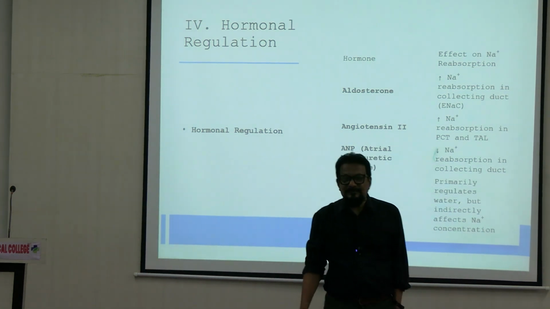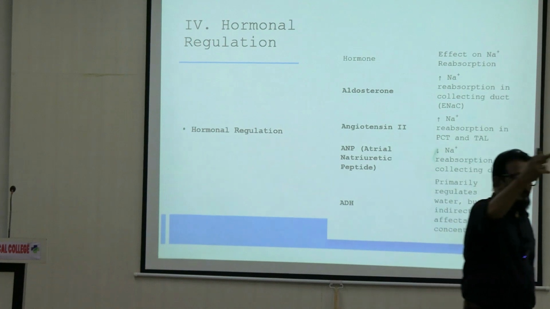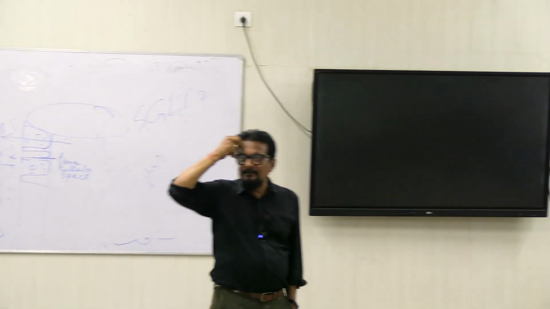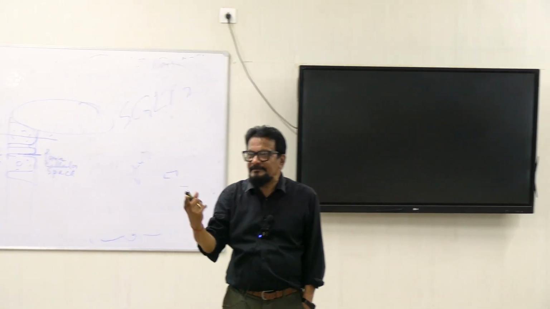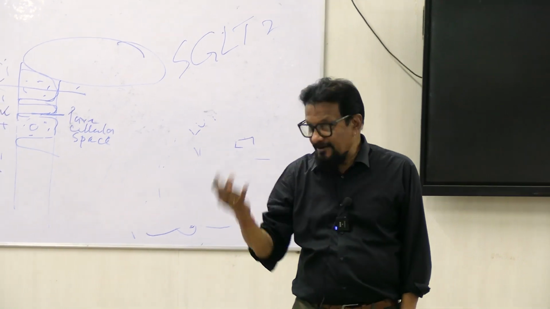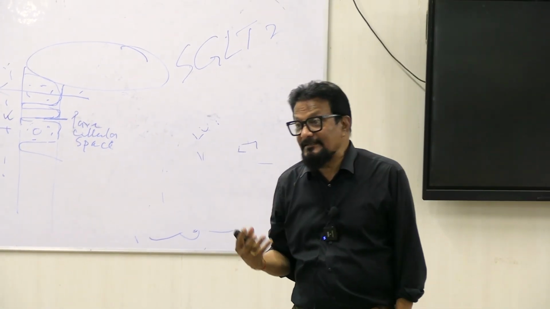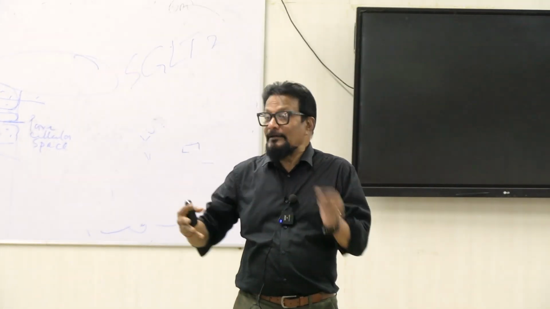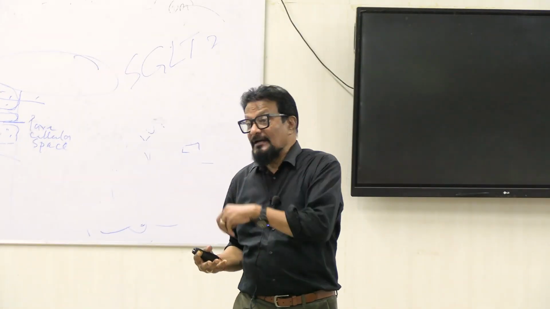Where is ANP secreted from? What is the full form? Then it is very easy. It is secreted in the atria, when the atria are distended too much, meaning venous return is more.